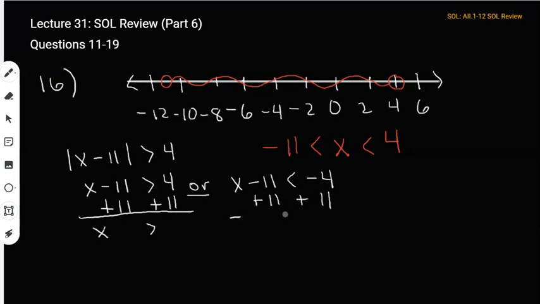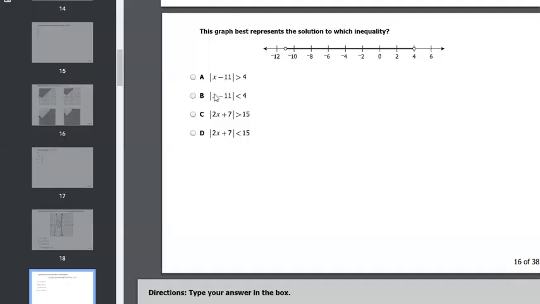Yeah, that's not good. We don't use 15 anywhere. And over here you get 7. So that's not good. And when you look at B, it's pretty much the same story. So we can't use A or B.